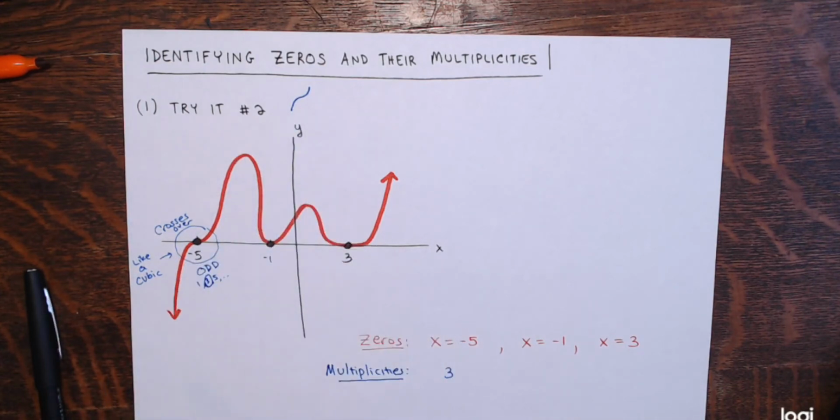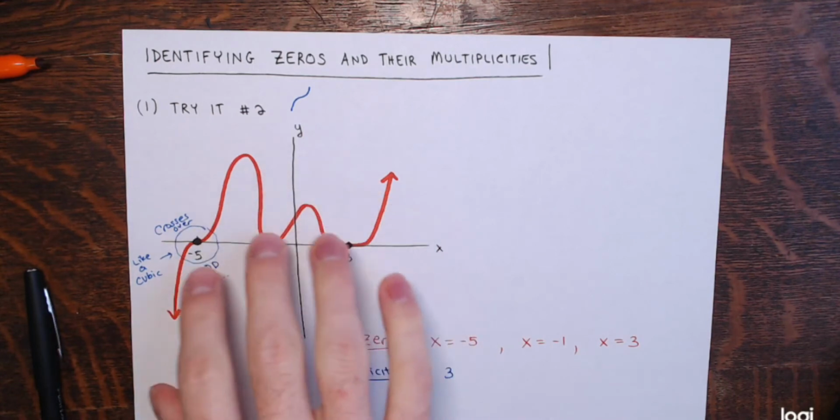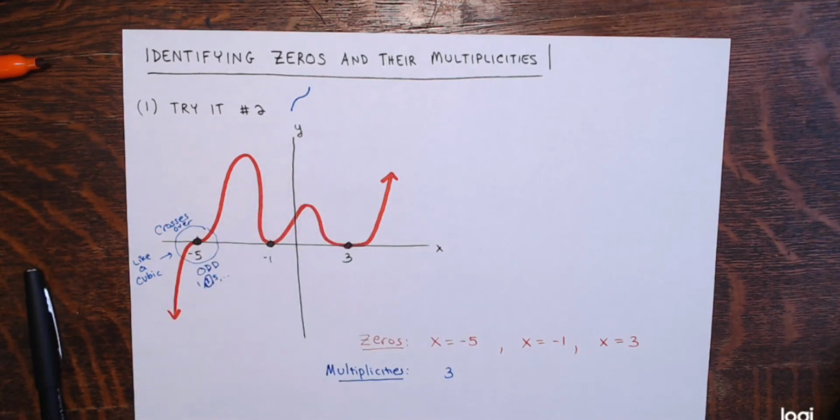So it has a multiplicity of 3. And that would mean that x plus 5, x minus -5, would be raised to the third power in the factorization of whatever this polynomial is, but we're not getting there yet.